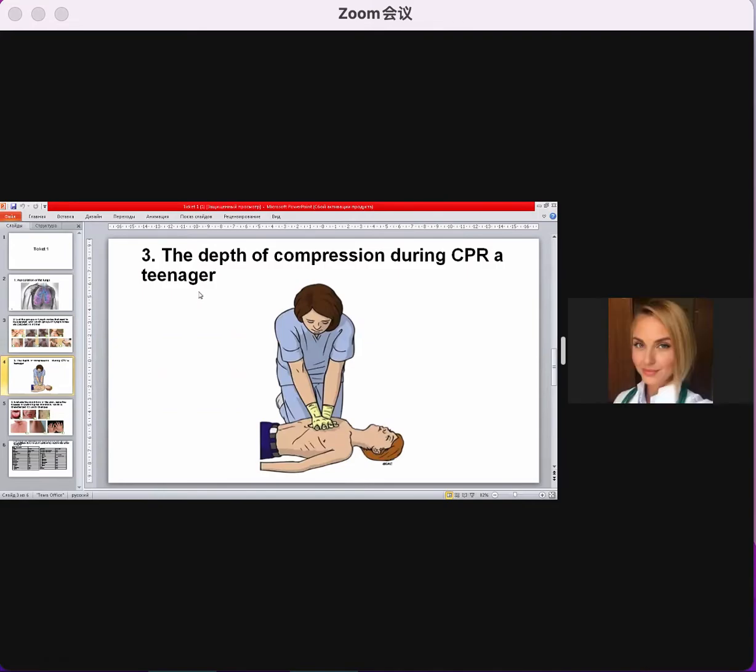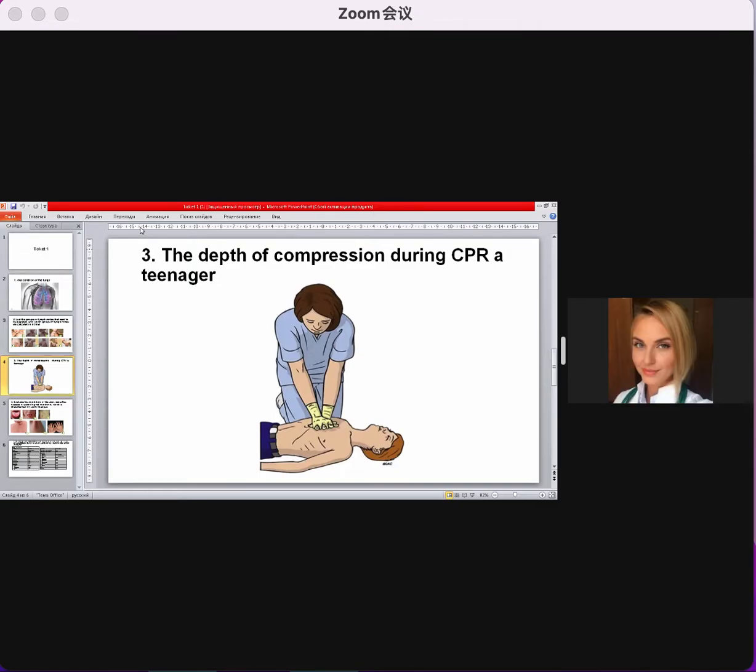Okay. This question: the depth of compression during CPR at teenager. 5 centimeters. 5 to 7. Doctors, what do you think?